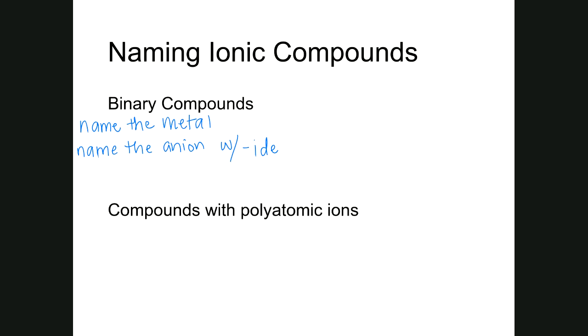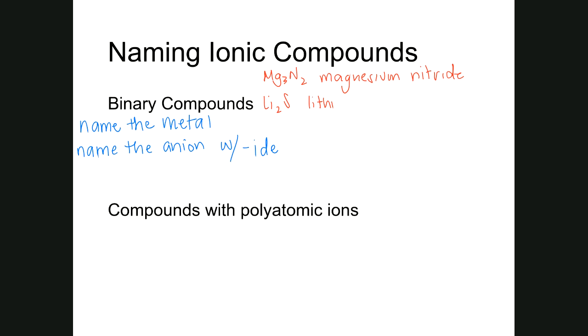So we had a couple of examples that we just looked at. We had Mg3N2. So we name the metal. This is magnesium. And the anion is nitride. Right? The first syllable plus "ide." Then we looked at Li2S. So name the metal, lithium.